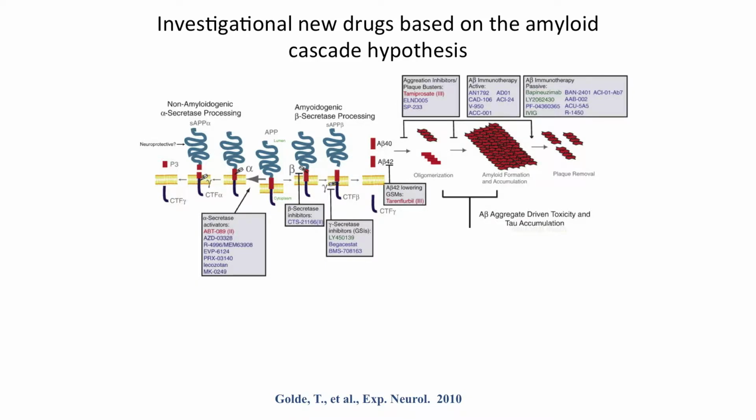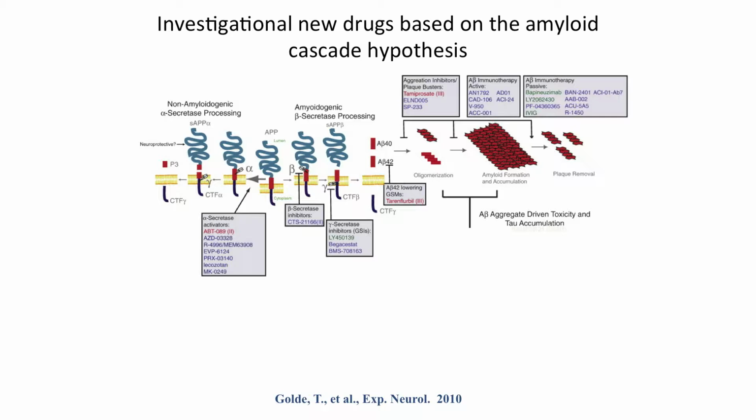So instead of making a peptide that aggregates fast, that ends at residue 42, it makes shorter peptides of 40 and 38 and 39 that are much less likely to aggregate. So there's classes of drugs that are coming down the pipeline called gamma secretase modulators that will do this, and I don't think we have any data yet back from clinical trials of gamma secretase modulators, but you'll see in a minute, I think these have a better chance of succeeding than the gamma secretase inhibitors.